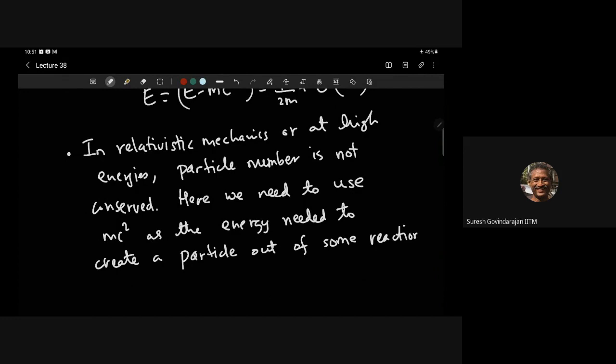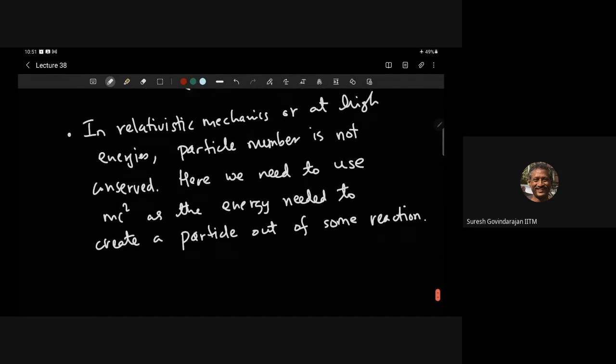Okay, so for instance, you will see that we can have E plus, E minus, an electron and a positron. They have the same mass, but they have opposite charge. They can decay to gamma.